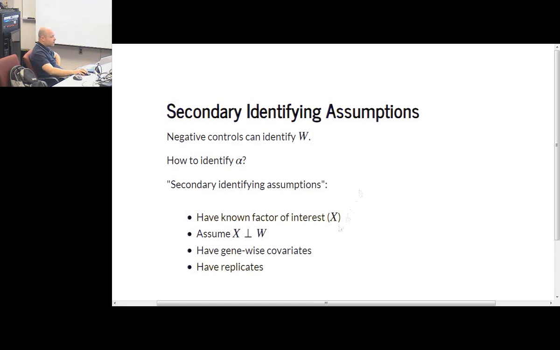I'm now going to talk about secondary identifying assumptions. So I said that we need the negative controls, but then we also need something else. We saw that the negative controls help us get W, but we still need to get alpha somehow. And here are some ways that we can do that. One is to have a known factor of interest. So if we're doing a differential expression analysis and we've got negative controls, we're pretty much good to go.